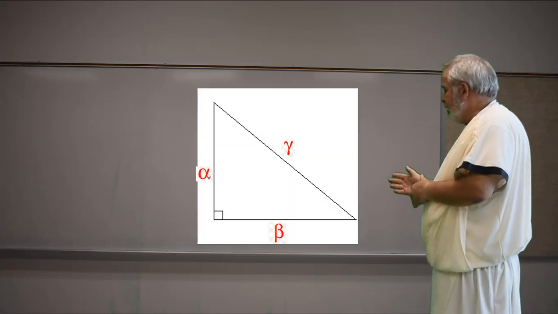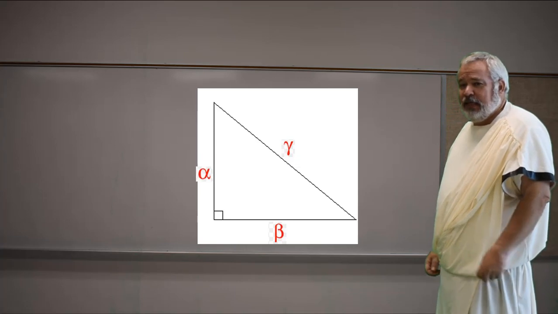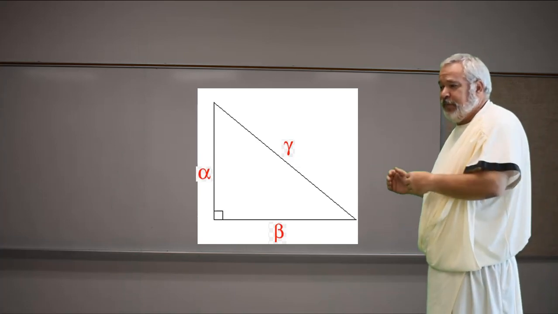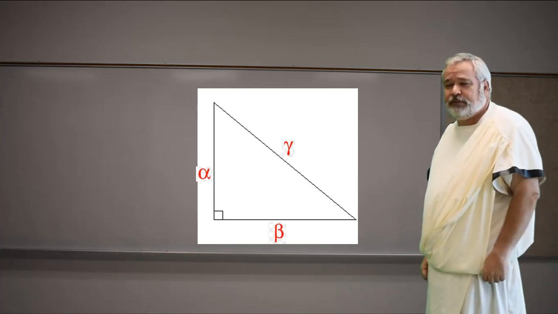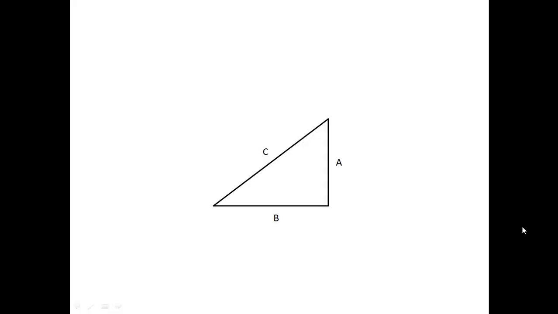So as you notice here, we have a triangle labeled alpha, beta, gamma. Can you please use English, not Greek? Thank you. Okay, so we're going to do this in English. So over here we have side A of the triangle, side B, and these are going to be perpendicular.